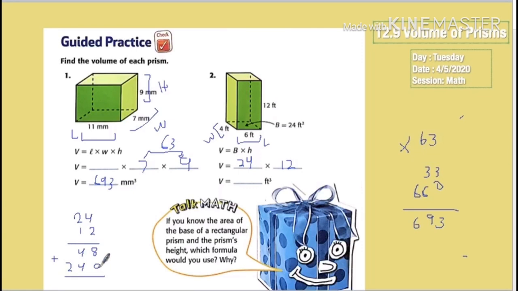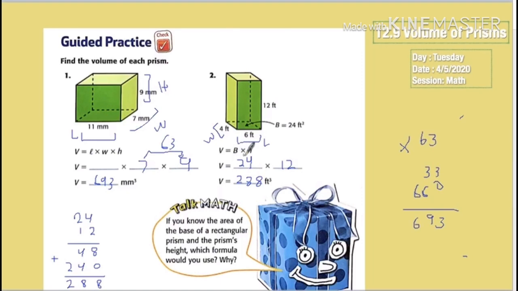Now we add them together. 8 plus 0 will be 8. 4 plus 4, 8. And then we bring 2 down. So I get a volume of 288 feet cubed. So here we will write 288 feet cubed.